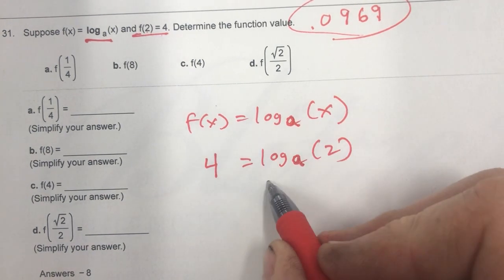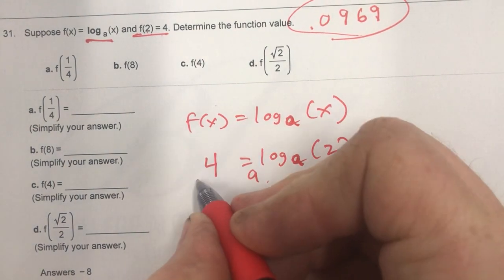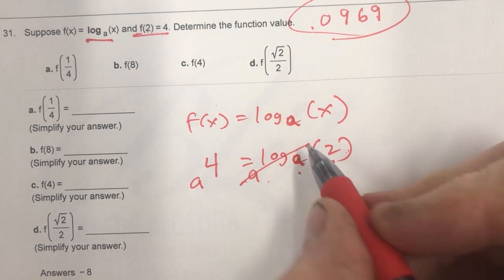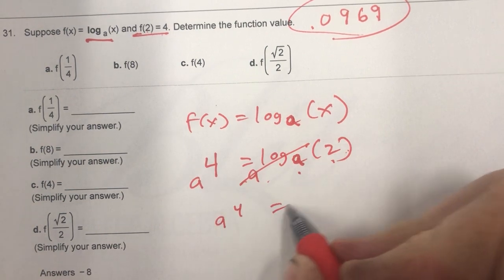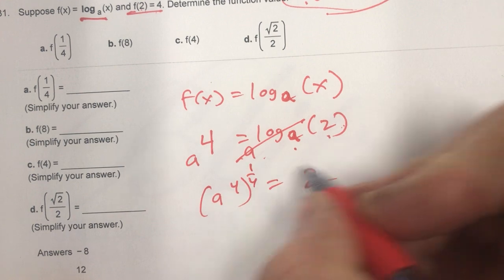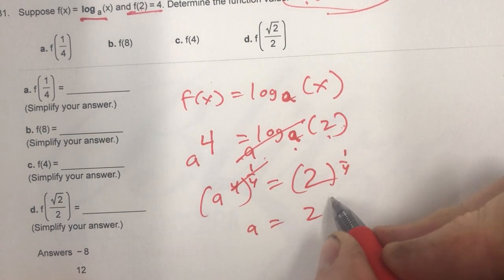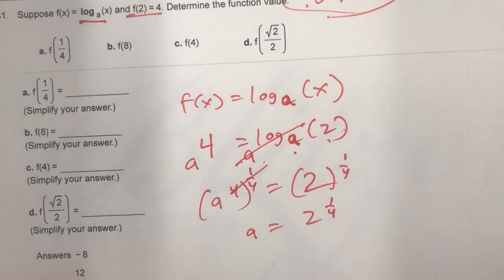Okay, so log base a of 2 is 4. So that means a to this power equals a to that power. And that cancels these, so a to the 4th power equals 2. All right, so if I do a 1/4 power, this will cancel. a equals 2 to the 1/4 power.